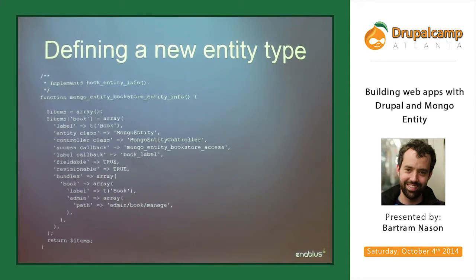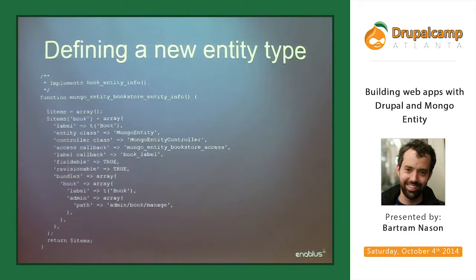So for the rest of the things here, if you're not familiar with creating new entity types, hook_entity_info defines your entity type. Like I said earlier, a node is an entity type. So you have a label, you have your entity class and your controller class. And then you have some other options. You can create bundles on entities. Just like you have different content types when you're creating a node, bundles are the same thing. So if you had a book, you could have different bundles.